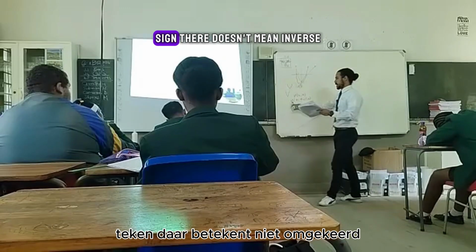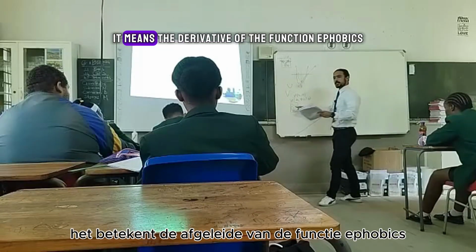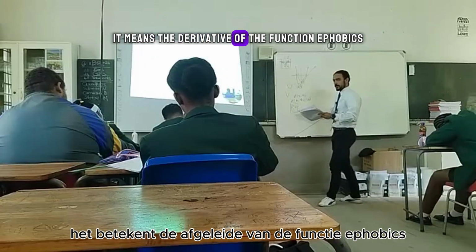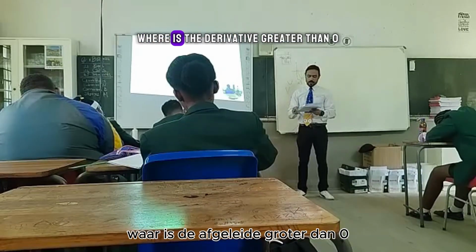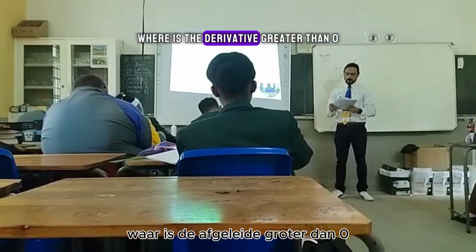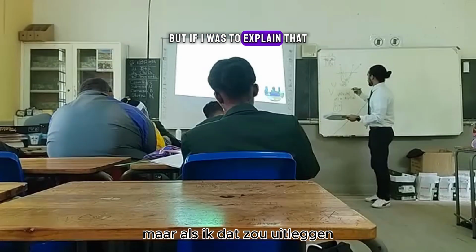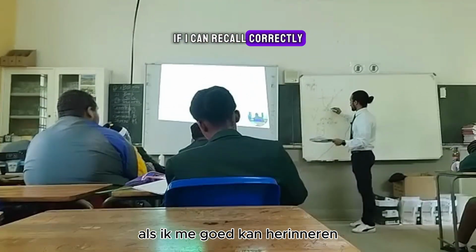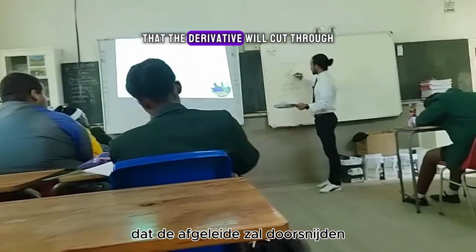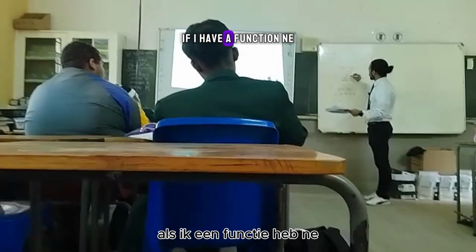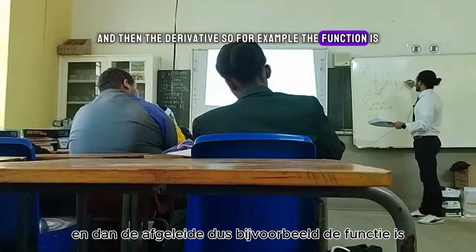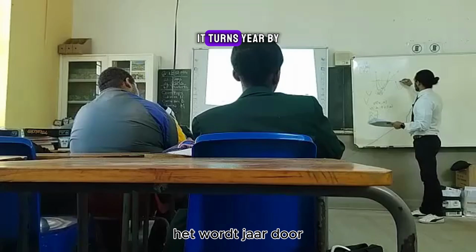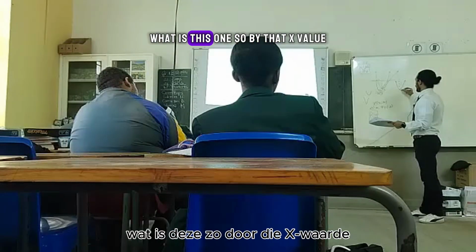That sign there doesn't mean inverse, it means the derivative of function f(x). And they're asking us, where is the derivative greater than 0? If I can recall correctly, the derivative will cut through if I have a function, and say for example the function turns here by, what is this, -1.